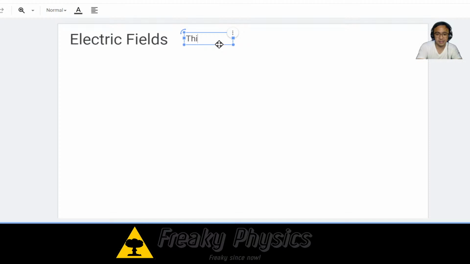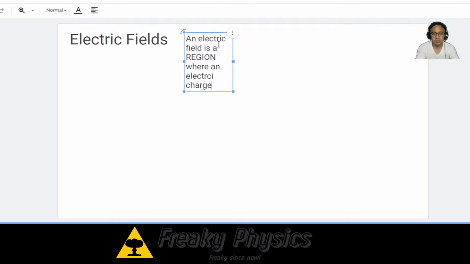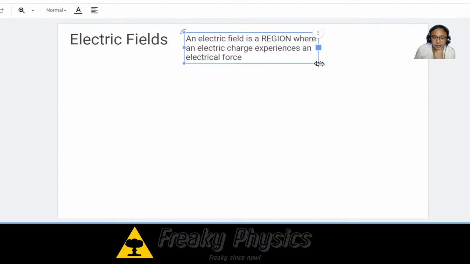An electric field is a region where an electric charge will experience an electrical force. This is the definition of what an electric field is.